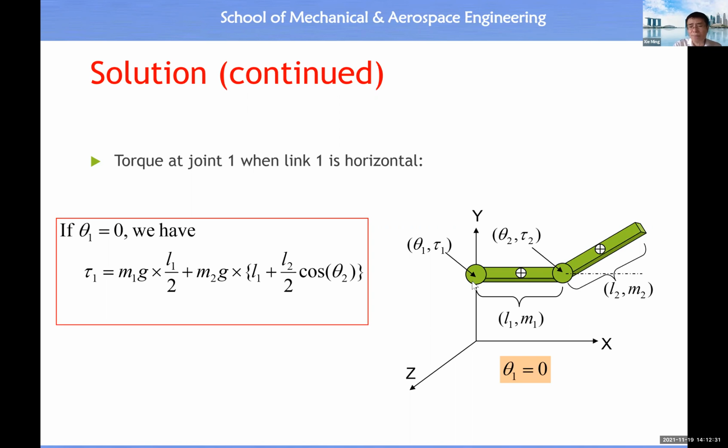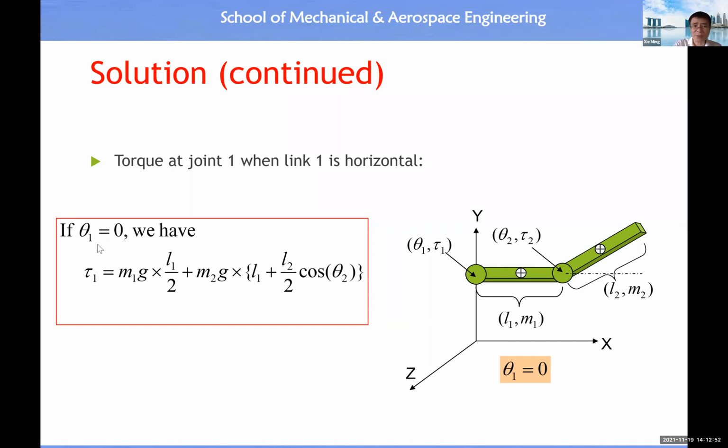The moment arm of M1G is equal to half of the link length of link 1, so L1 divided by 2. And the moment arm for M2G should be equal to L1 plus half of L2 times cosine theta 2.